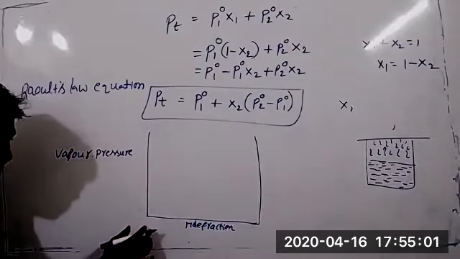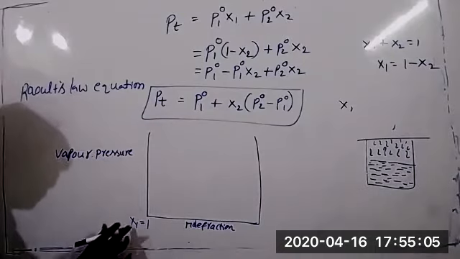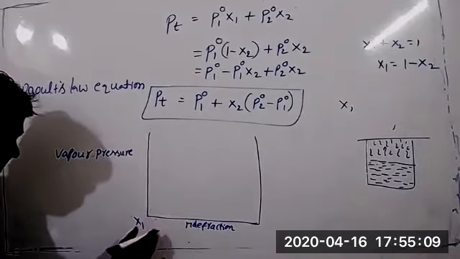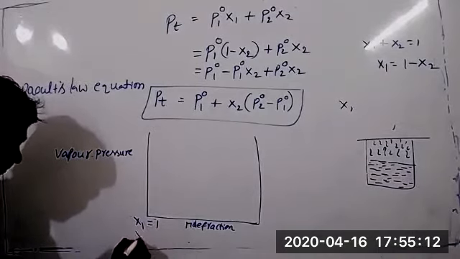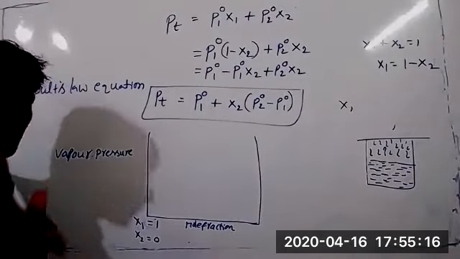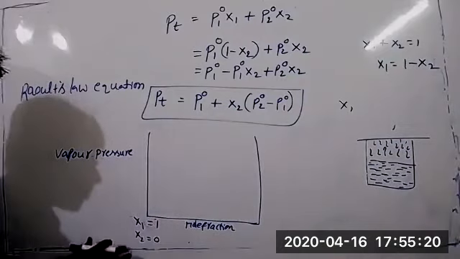Carefully observe this. Mole fraction of component 1 is 1. Mole fraction of component 2 is 0. So here we have only component 1. We are not taking component 2.